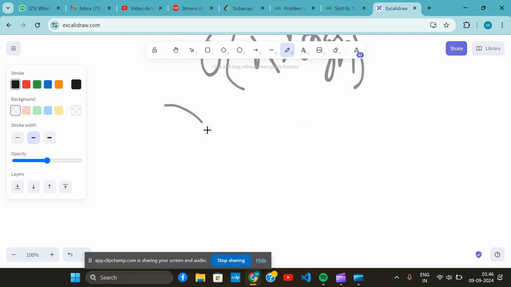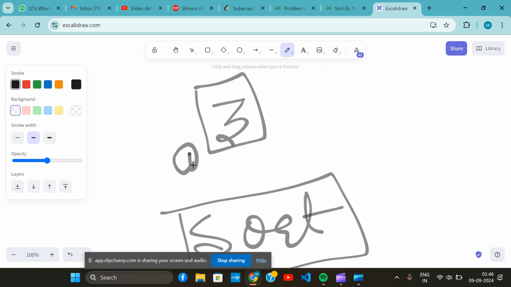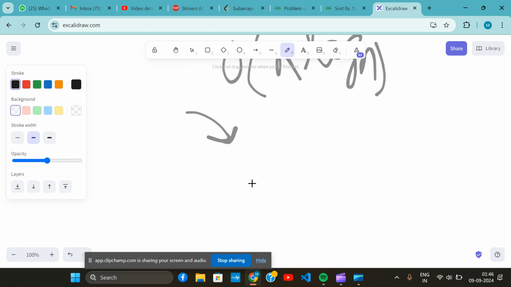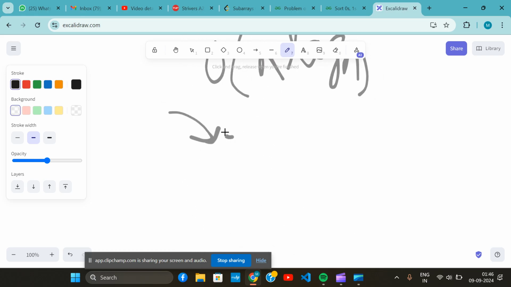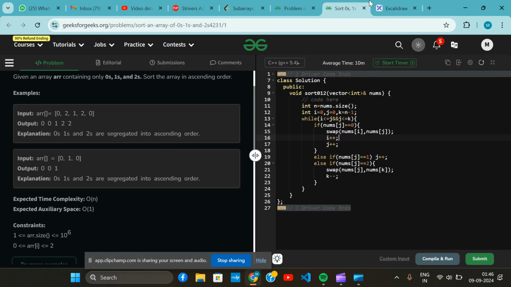We are going to discuss three approaches here. Our first approach is brute force sorting, and our second approach is this: we are only given zeros, ones, and twos.